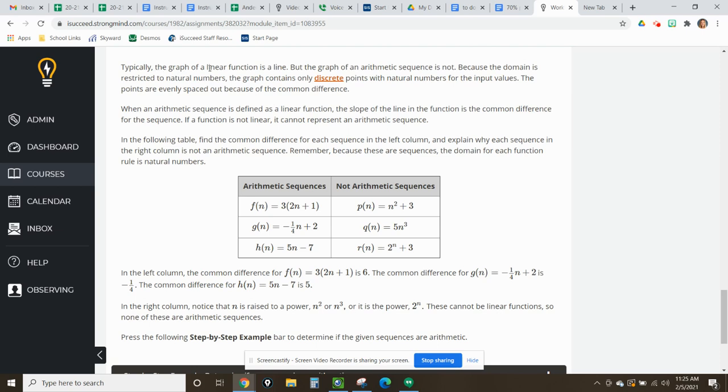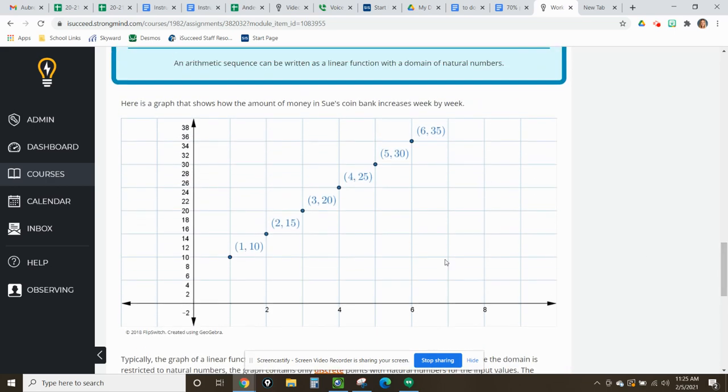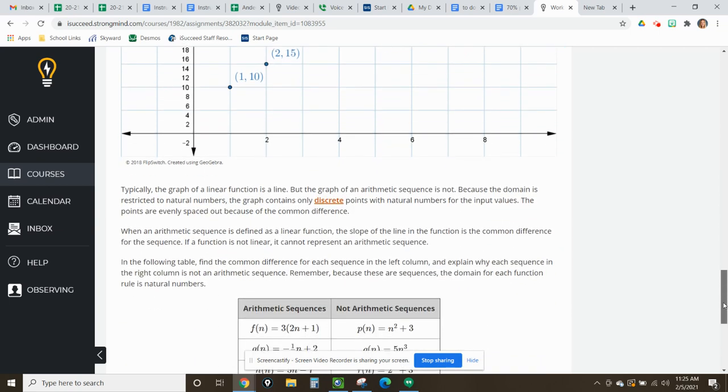Typically the graph of a linear function is a line, but the graph of an arithmetic sequence is not, because the domain is restricted to natural numbers. You can't actually connect these points, because that would mean everything in between this dot and this dot, like fractions and decimals, is also on the line, and that's not true for a sequence. It's just these dots right here. So don't connect them with a line is what that part's trying to tell you.